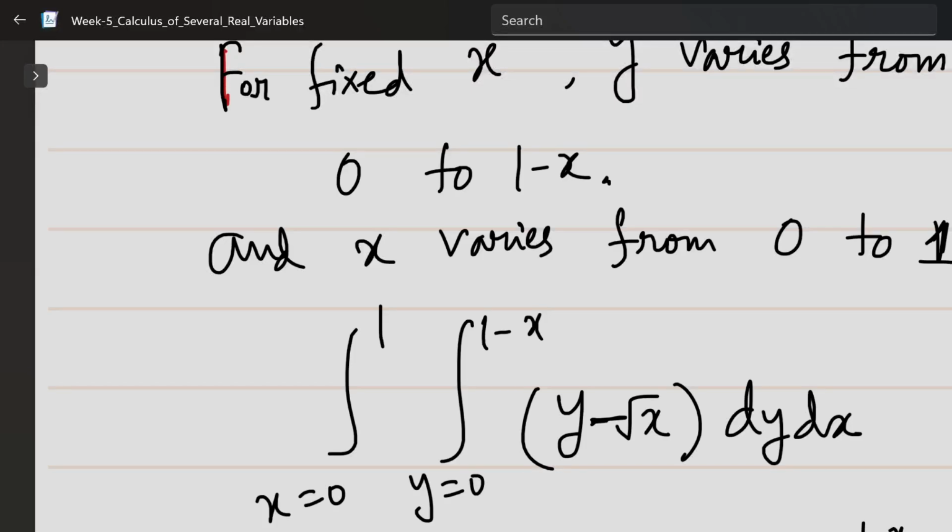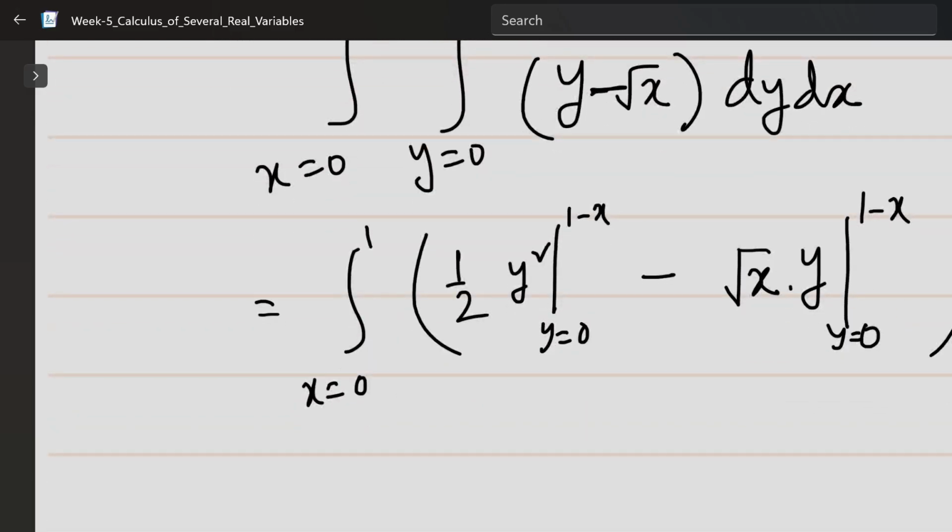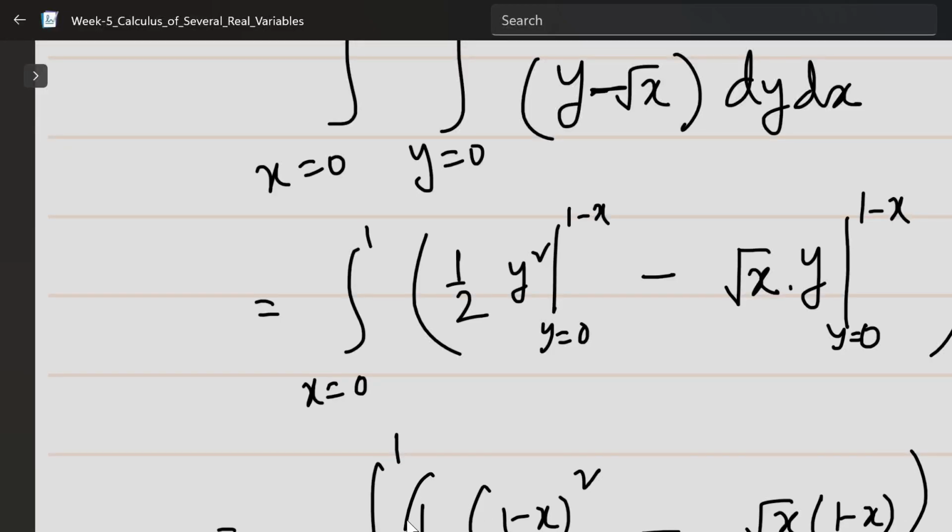So the whole thing, integrated with respect to x: half of (1 minus x) whole square minus root x into (1 minus x) dx.